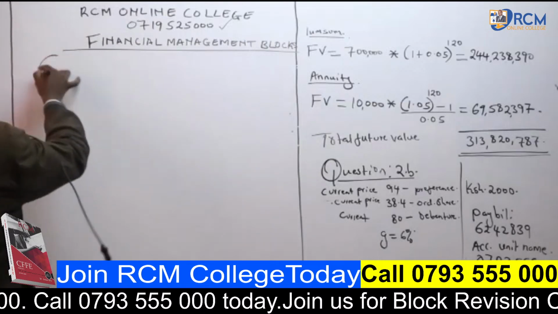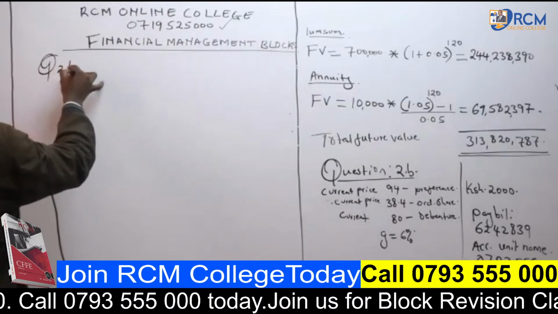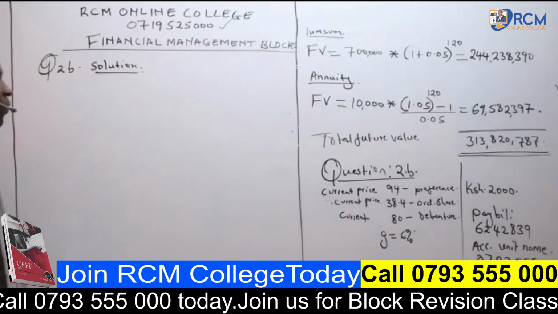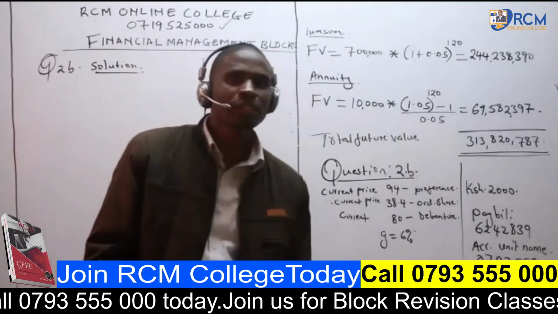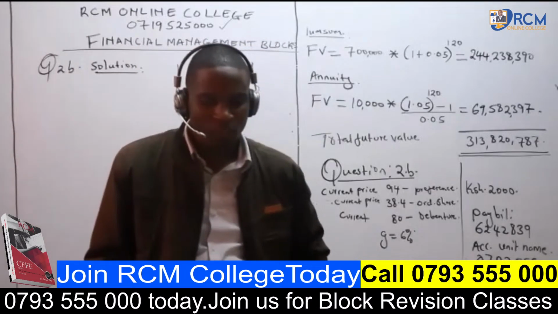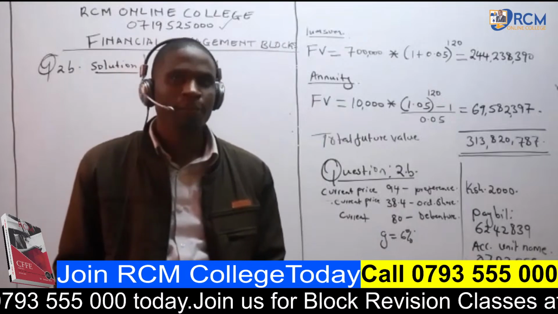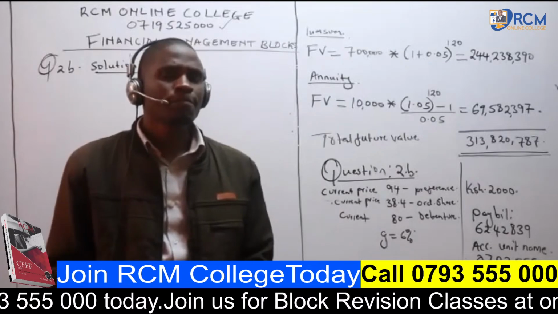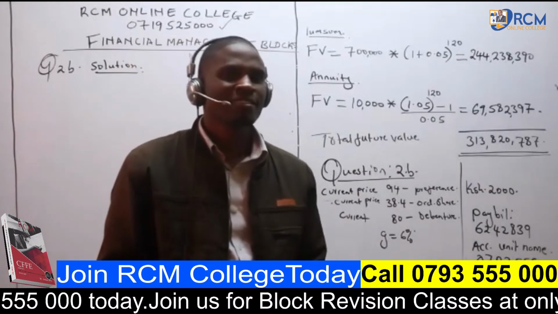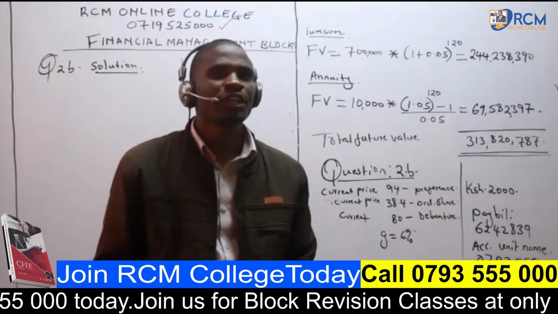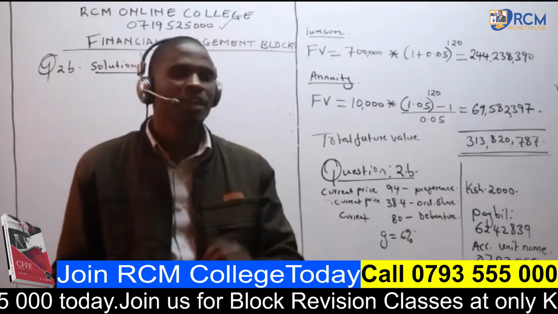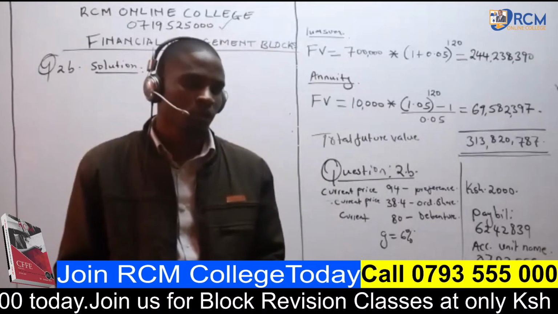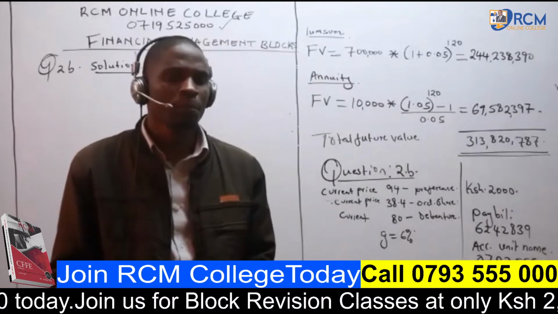Now question number 2B, solution. We are going to start with the first Roman number 1, cost of preference share. To get the cost of preference share, who will remind us how we get it? The first thing that we need to get is the component cost of each component.